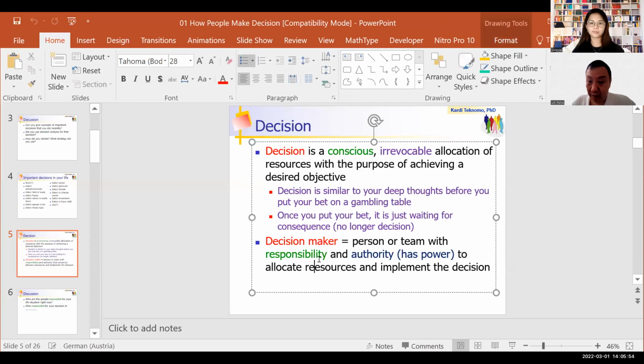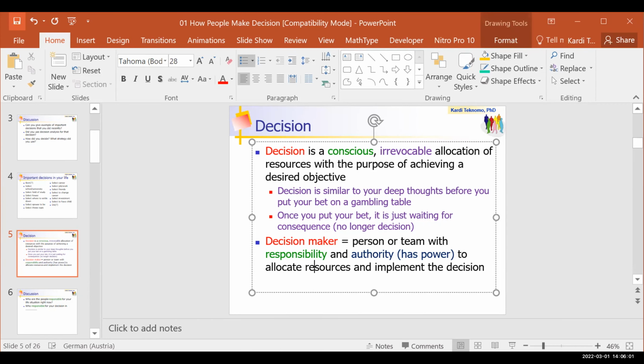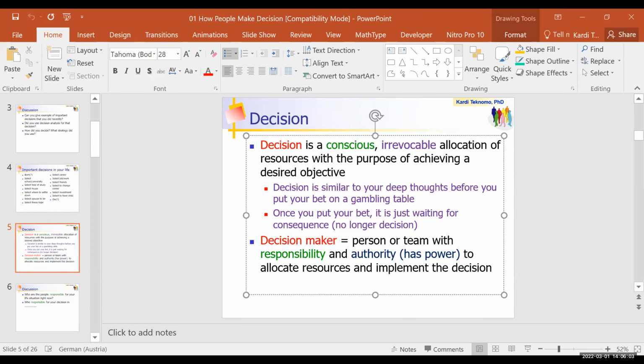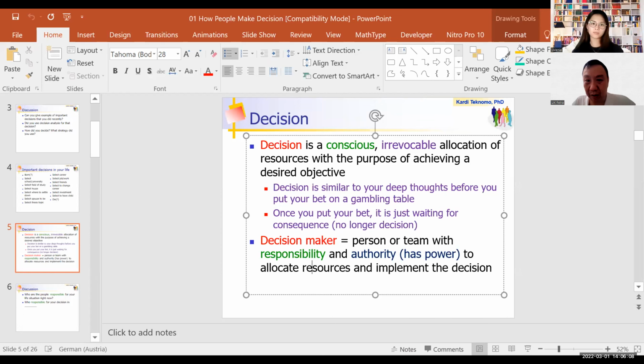Because sometimes, especially in Indonesia, I just noticed when I came back here, people have a lot of problems with decisions because they don't understand the meaning of decision. Remember, if you only have responsibility without authority, then you are not a decision maker. You cannot just have responsibility without authority.